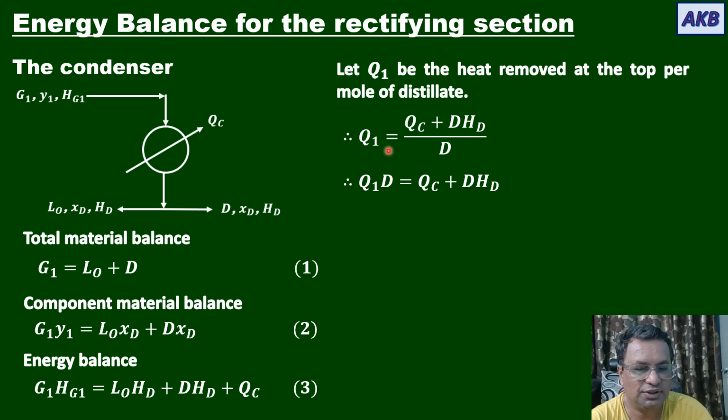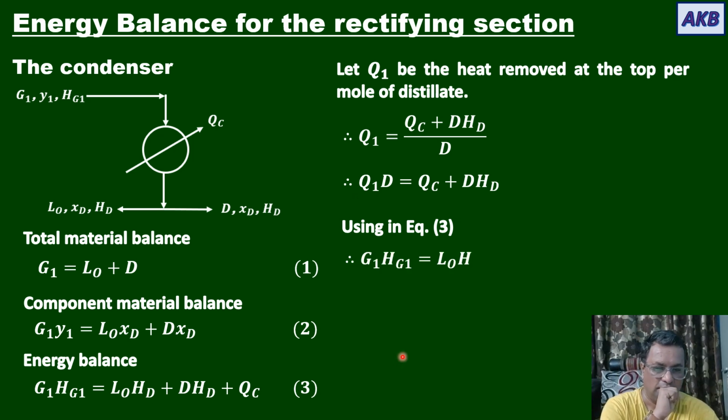Now we will use this in equation number 3. In equation number 3, you have these two terms D HD plus QC. These two terms can be replaced with Q1 into D. So we have G1 Hg1 equal to L0 into HD plus Q1 into D.